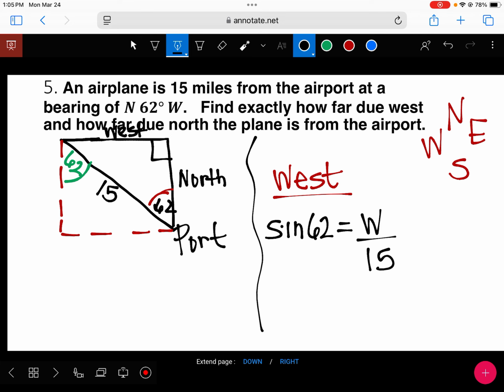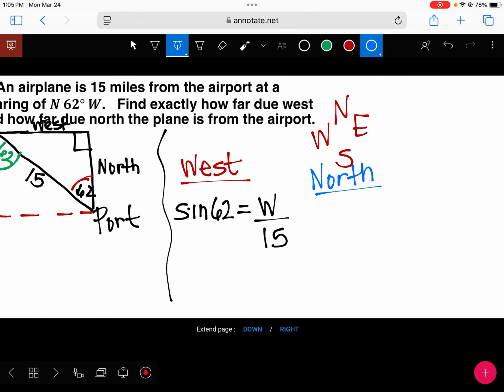And then to find north, what do you think I'm going to use? Cosine. So to find north, it would be cosine 62 equals north over the hypotenuse. All right, so go ahead and solve both of those.